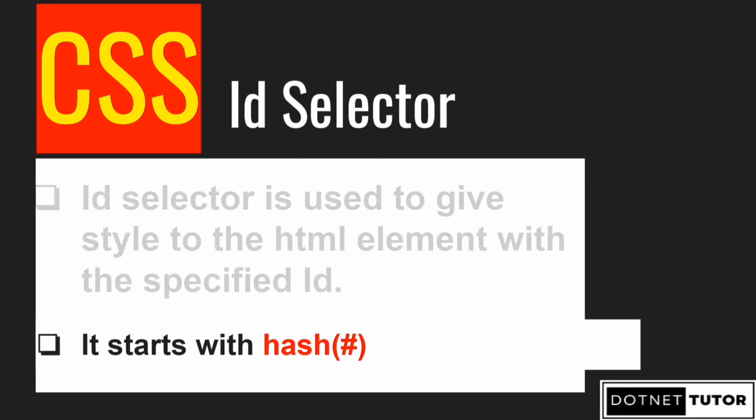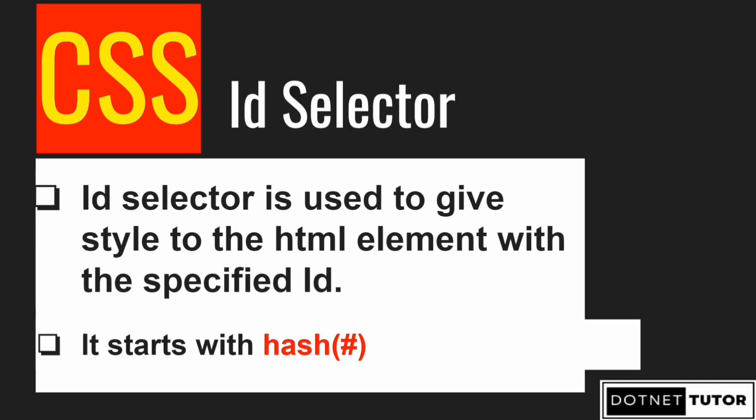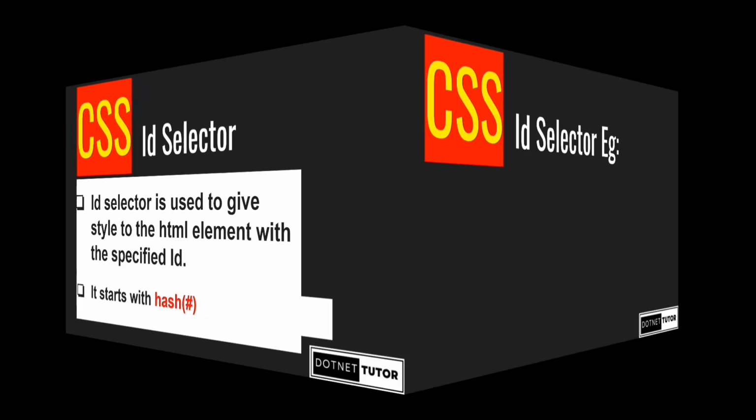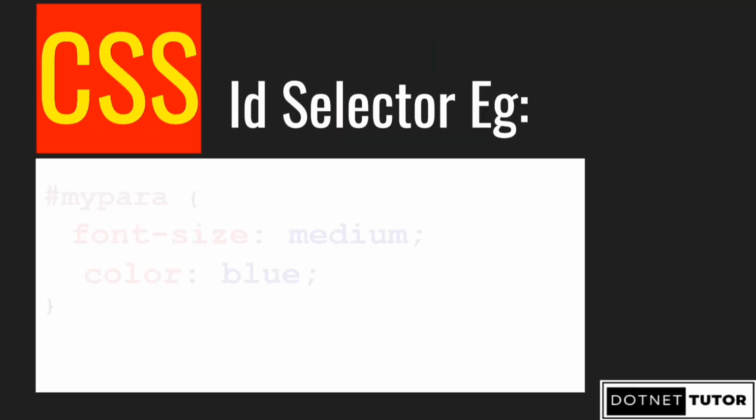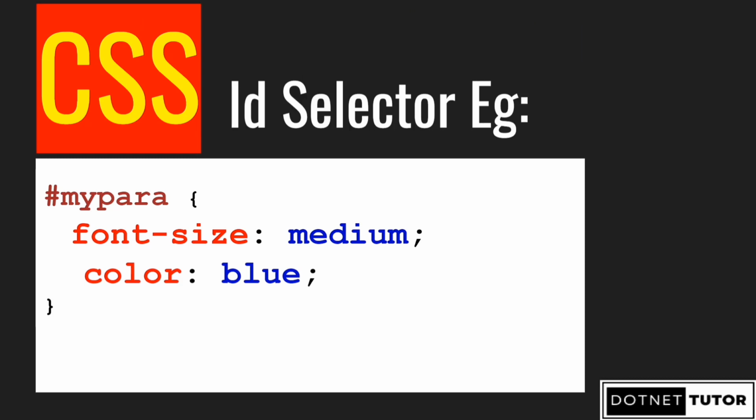After this we can see the ID selector. The ID selector is also used for styling purposes, but it starts with the hash symbol. In this example, the ID selector starts with hash.